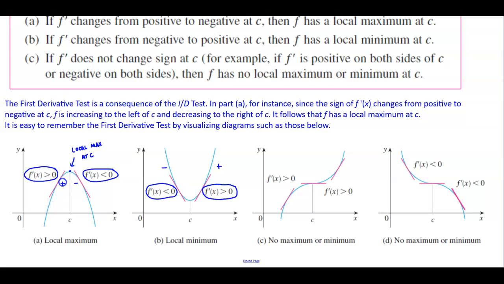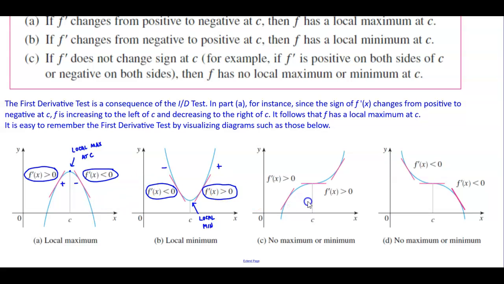So again, it's changing from negative to positive at c, and if it's going from negative to positive, then what we have is a local minimum. Okay, so again, it's important to notice this: from negative to positive, it's a local minimum. From positive to negative, we get a local maximum.